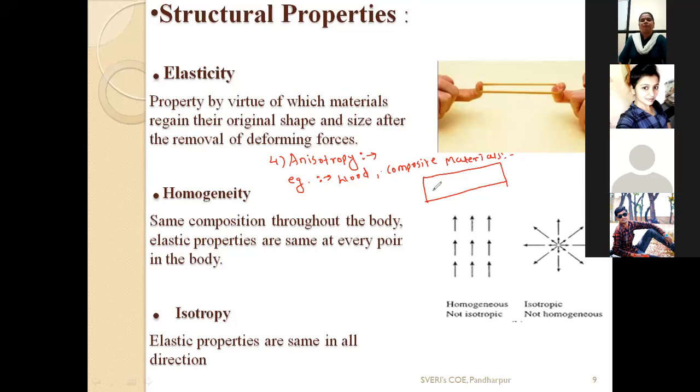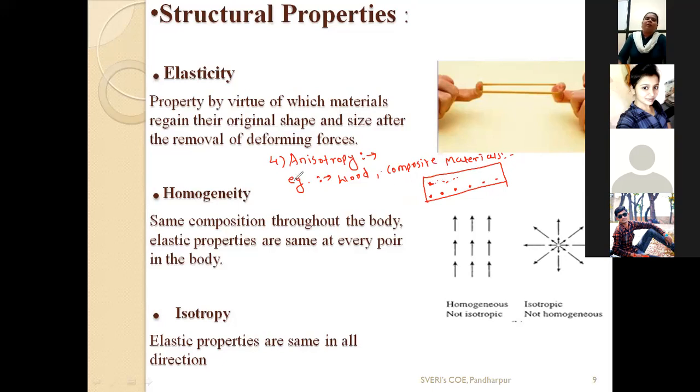Concrete and reinforcement. Good. So this beam is constructed by using reinforcement in the form of steel, and here concrete is placed. So this is the example of composite material.